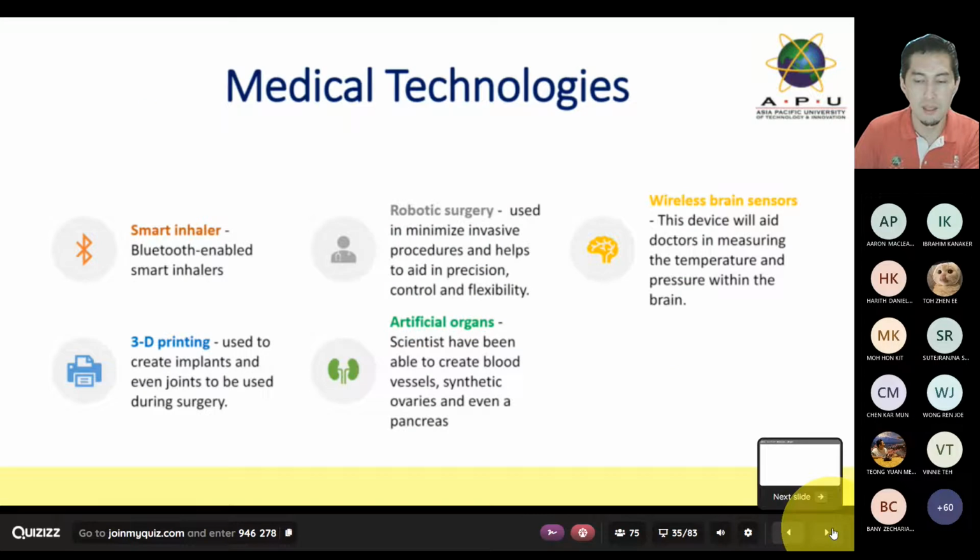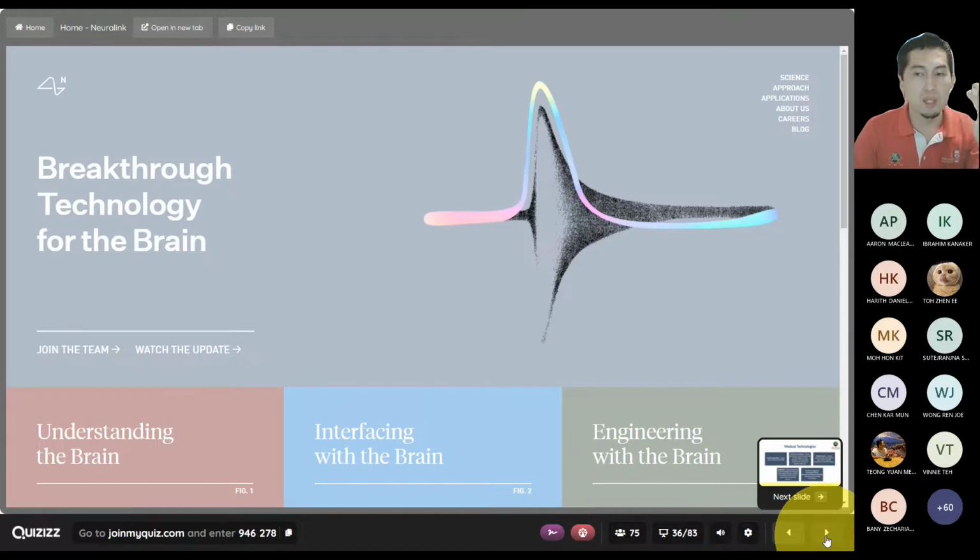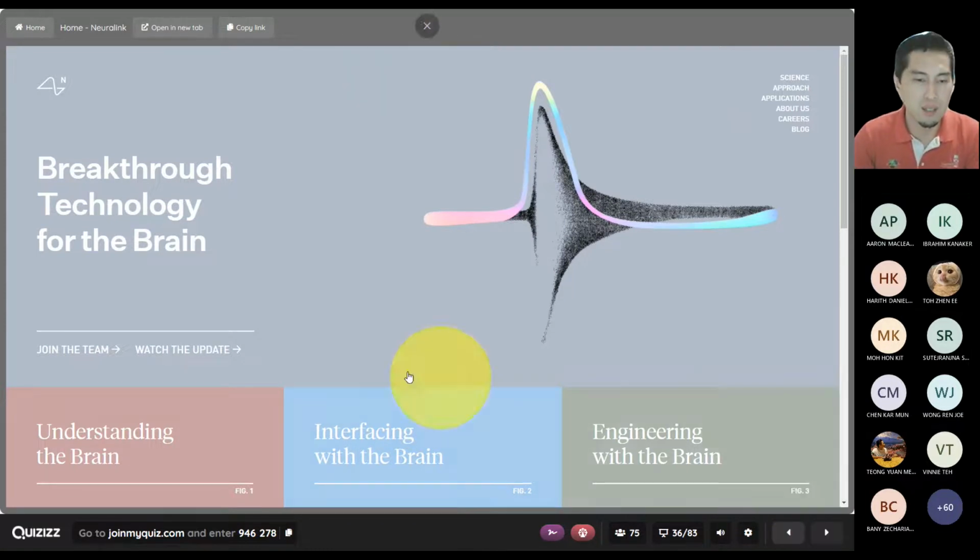Okay, talking about wireless brain sensors, I just wanted to share something. There are a lot of Elon Musk fans around the world who always talk about the things he's going through. So this is another area of his company, and it's called Neuralink. You can go and check out the website.